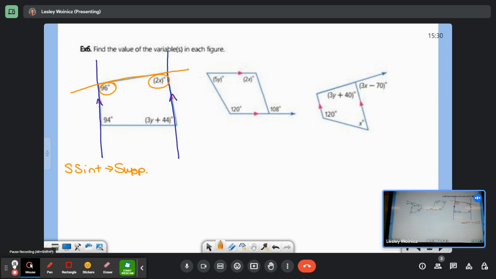So they have to add up to 180. The angle relationship tells me if they're congruent or supplementary, which tells me what kind of equation I have to write. If they're supplementary, I add them up and set them equal to 180. If they're congruent, I set them equal to each other. So 96 plus 2x has to add up to 180 degrees.